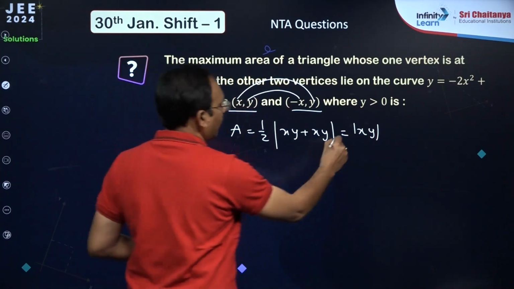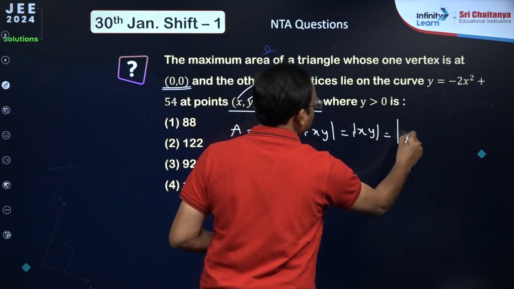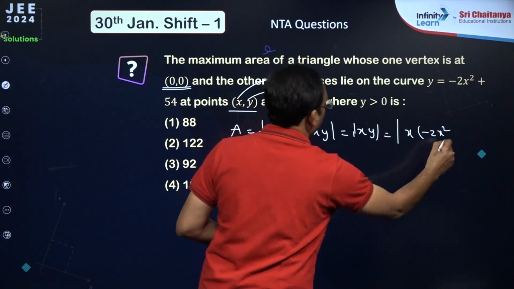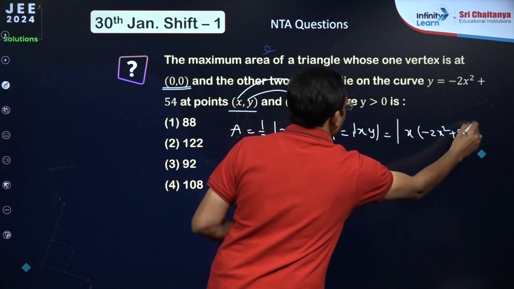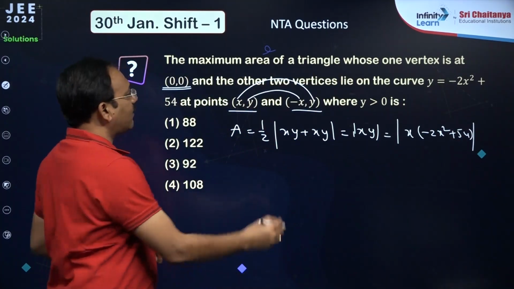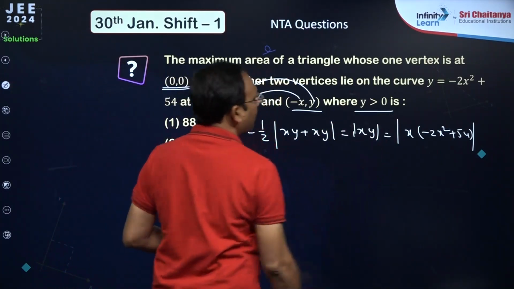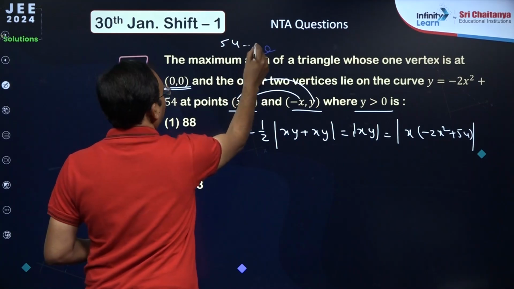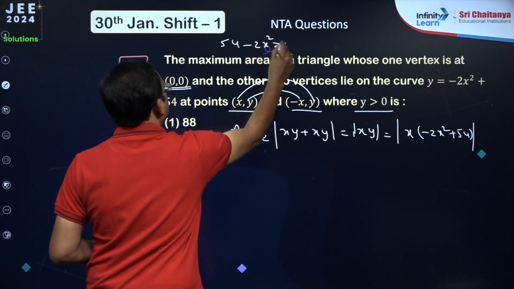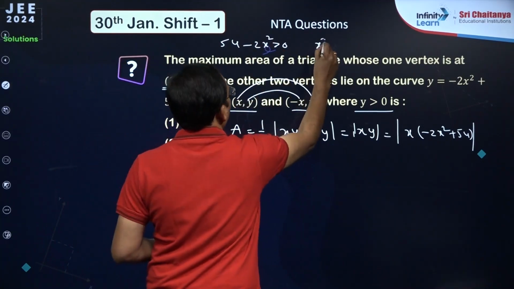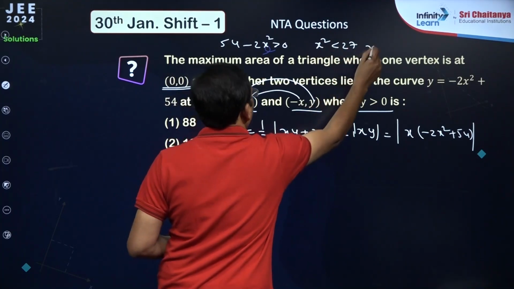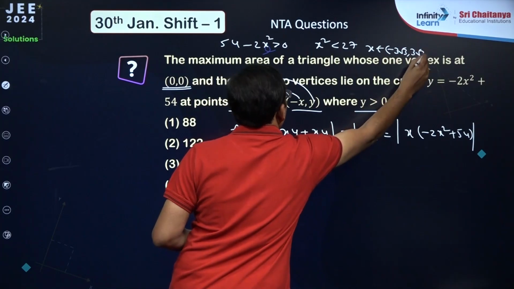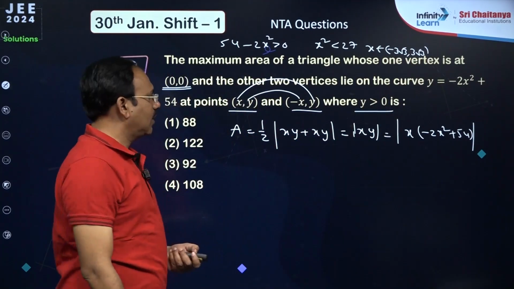So actually y lies on this curve, in the sense y you can write as minus 2x square plus 54. This is the curve, my dear friends, given y positive, in the sense 54 minus 2x square is positive, so x square is less than 27, x belongs to minus 3 root 3 to 3 root 3. Do remember this point.